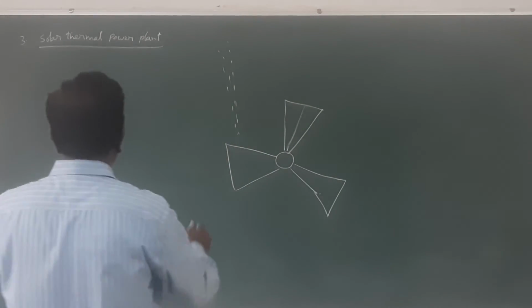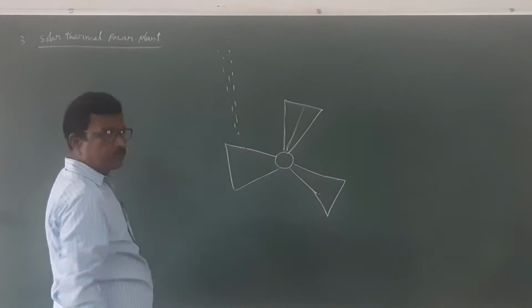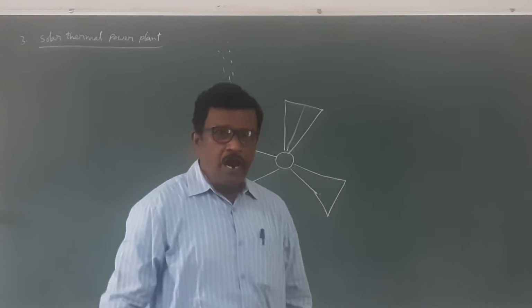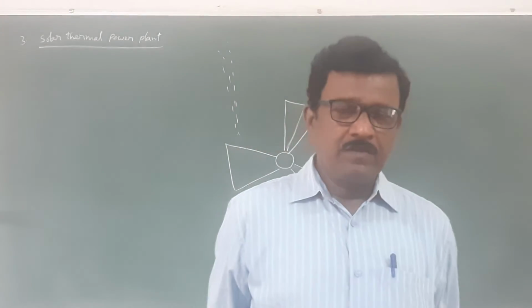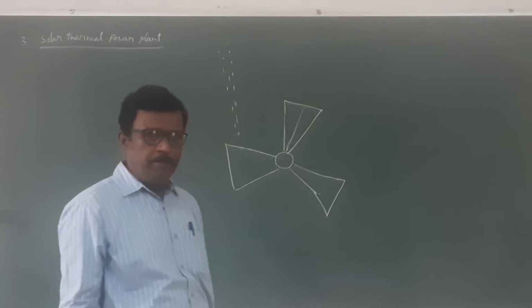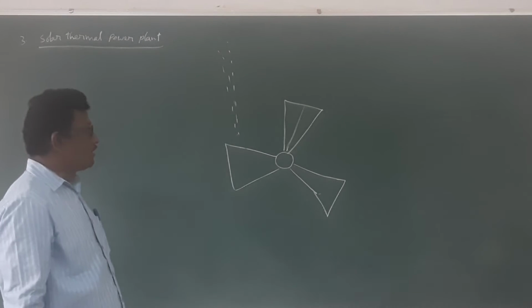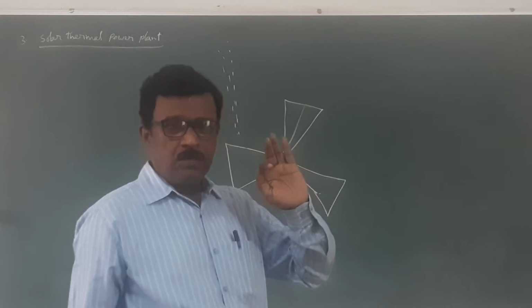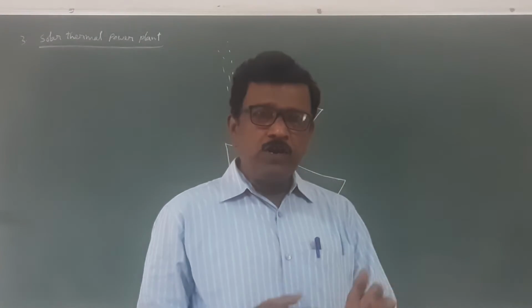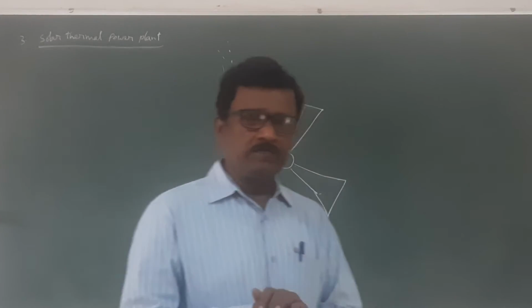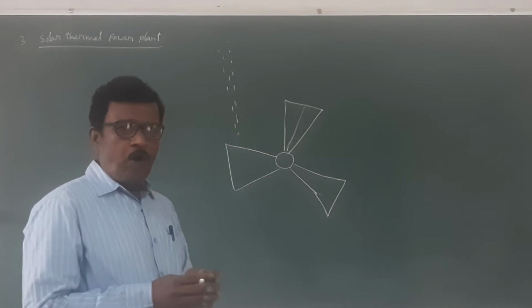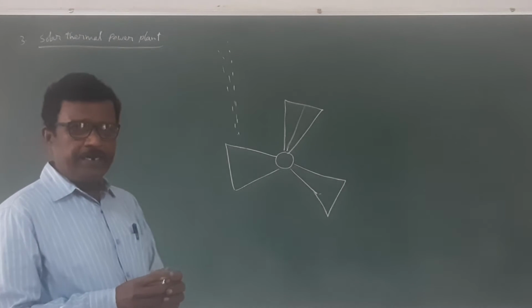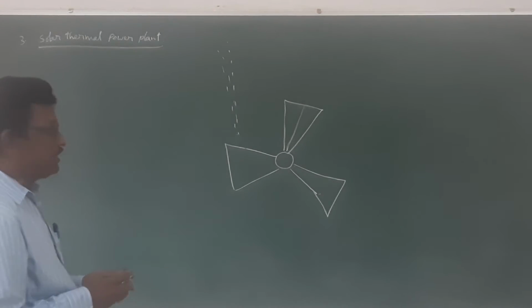In the case of a solar thermal power plant, the solar energy will be collected and focused into a fine beam. That solar energy produces an enormous amount of heat. Due to that heat, water will be superheated into steam.